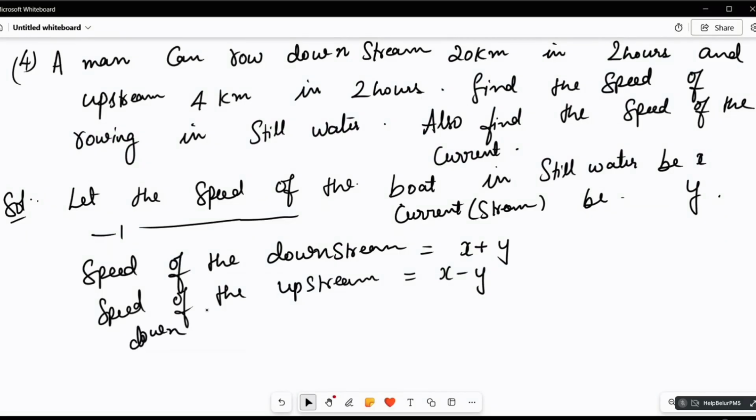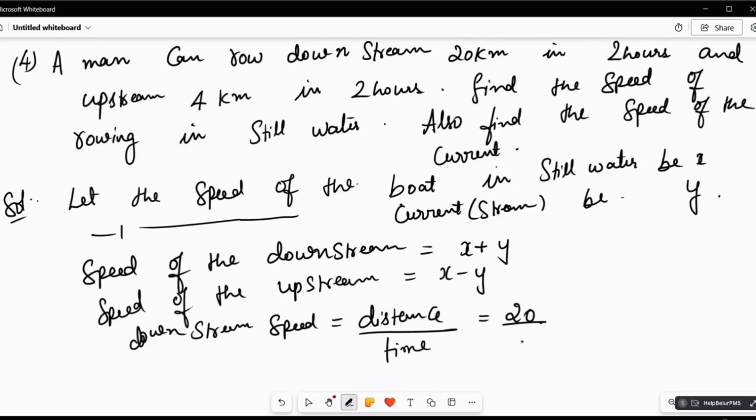Okay, downstream speed is equal to distance by time. Write down one side. Distance by time. So distance here is 20. Time taken is 2 hours. So it is 10. Therefore, x plus y is equal to 10. Okay.